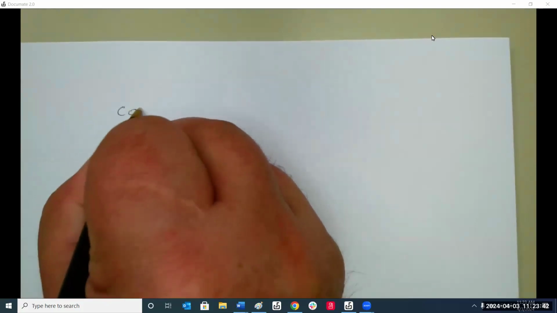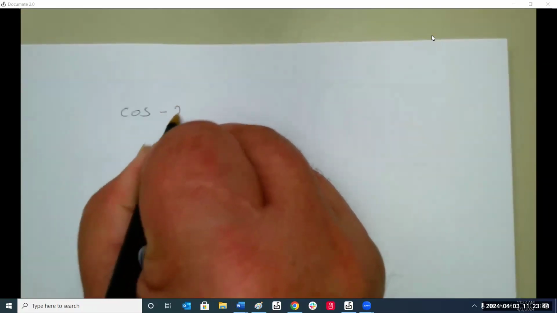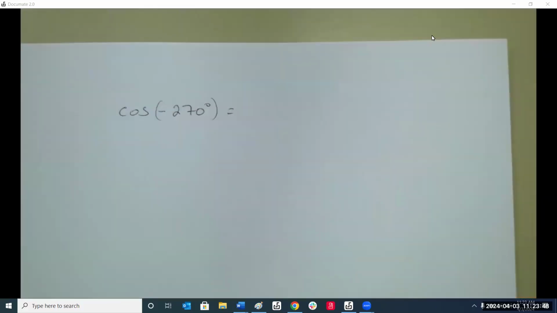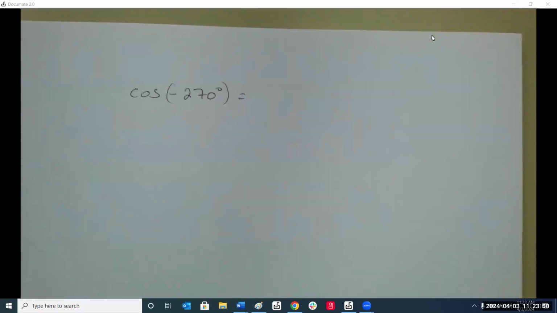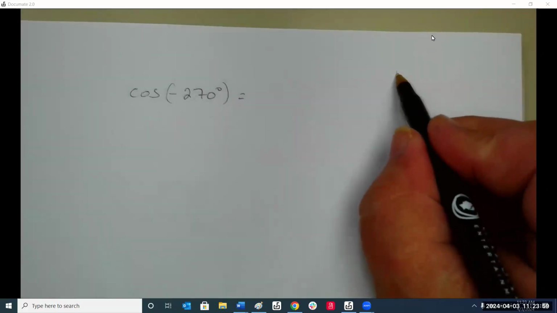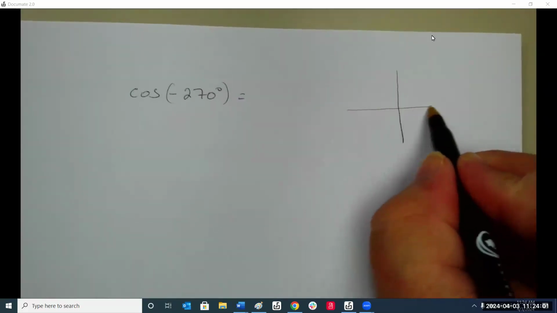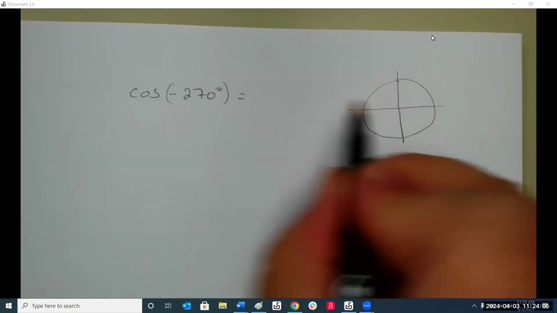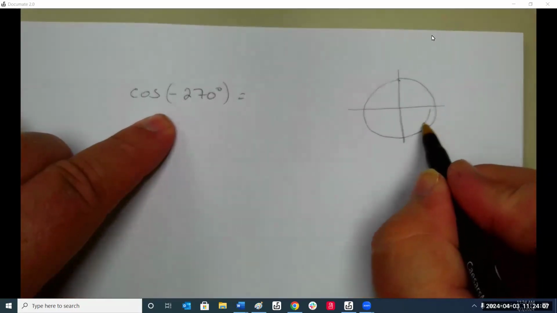What if I give you a negative angle? Cosine of -270 degrees. Negative means I go clockwise.